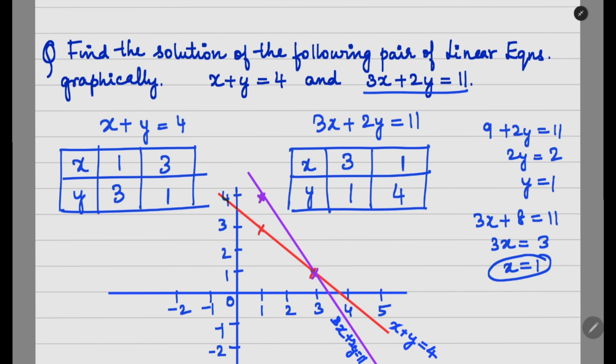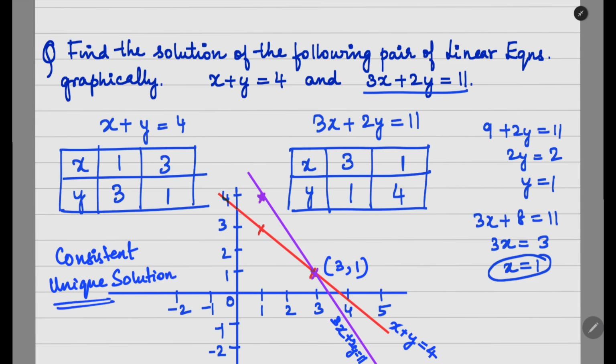And what is that point? It is nothing but 3, 1. Hence the equations are consistent, with a unique solution, just one solution.